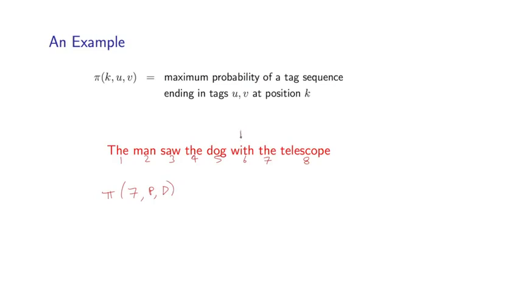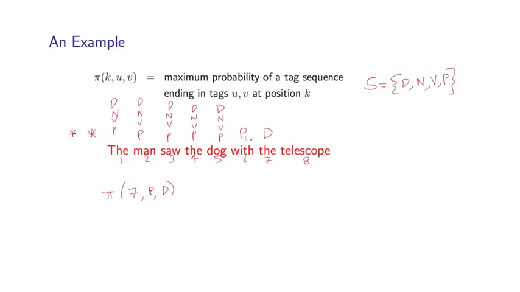So I'm going to fix these two tags here to be P and D. And let's just assume that our set S is equal to D, N, V, P. So if we look at any of the preceding positions, we have 4 possible tags at each position. So we have all of these possibilities. Let me just write these out. And we always have star, star as these two start symbols.